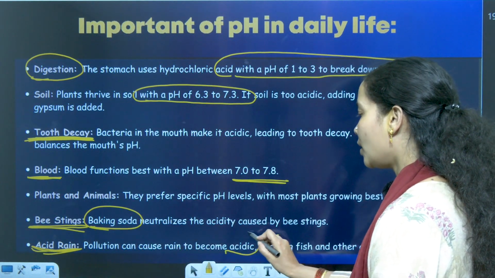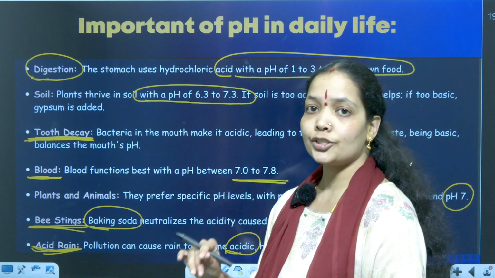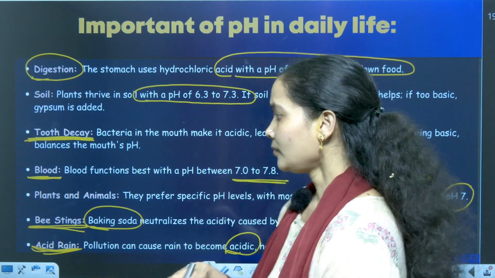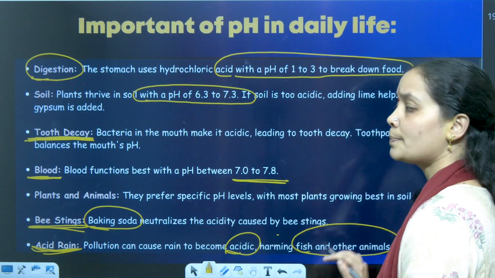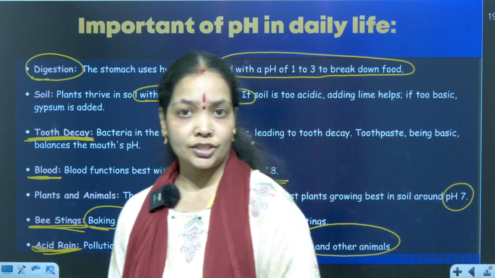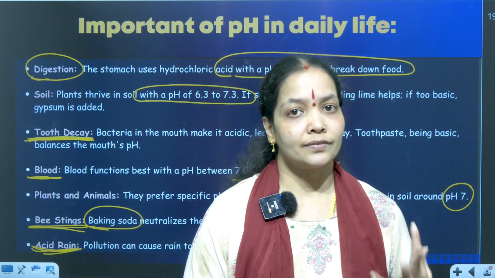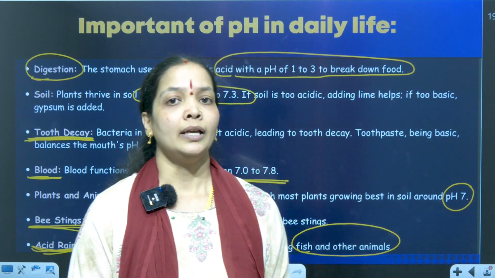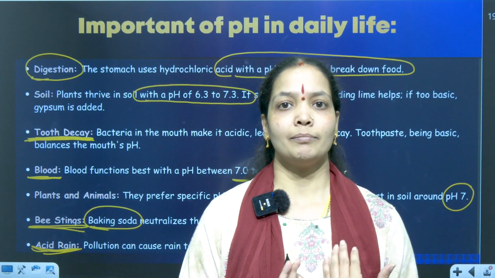This acidic water, if it reaches the plants or shrubs, is going to damage the leaves, and it is going to harm the fish and other animals in the aquatic region also. So if acid rain is happening, we have to neutralize it by decreasing the amount of pollution caused by us.